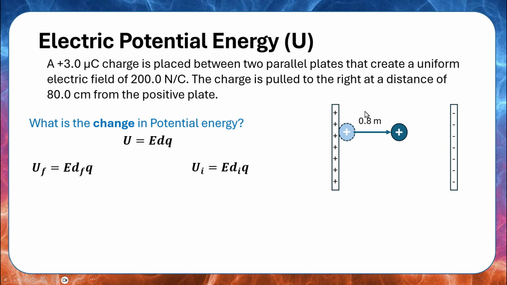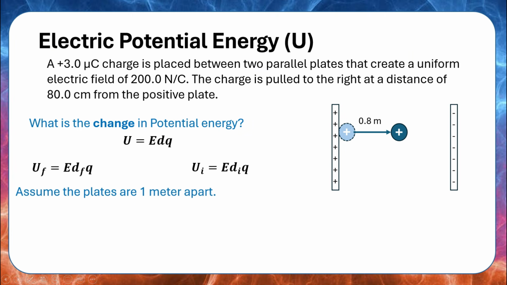So if the distance between the two plates is not given, we can choose any distance that we want, because in this question we are only concerned about the change. Whatever distance between the plates you choose, it will always give us the same change of the potential energy. It will not change.